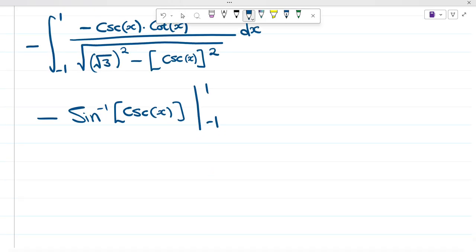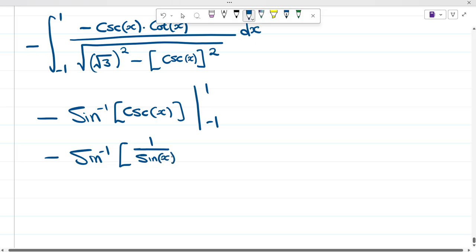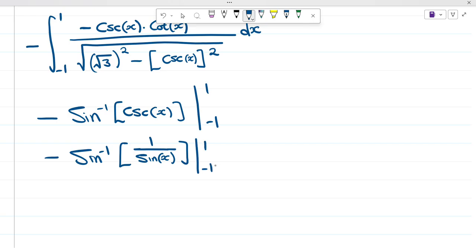Because we can't punch cosec into our calculator, we can convert it to its reciprocal equivalent. So this answer is the same as negative sine inverse of 1 over sine of x, with the limits 1 and minus 1.